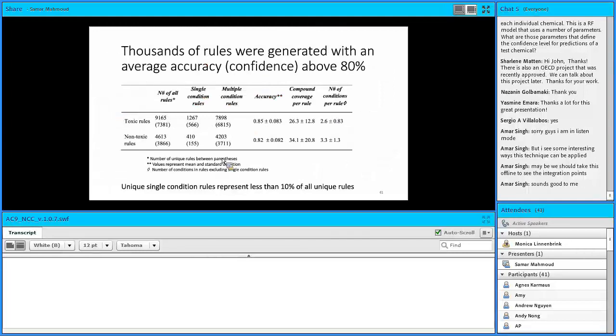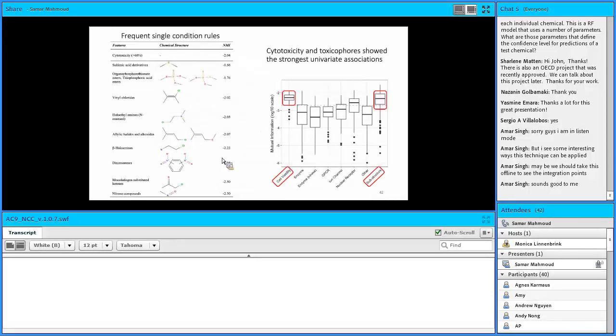In this analysis, we've generated thousands of rules that have an average accuracy above 80%. What we also observe is that rules represented by only a single condition are less than 10%, which means most of the rules generated contain two or more conditions or features. With regards to the single condition rules, the most frequent ones described potent cytotoxicity or substructure alerts, and this can be explained by the strength of association between the individual features and acute toxicity.